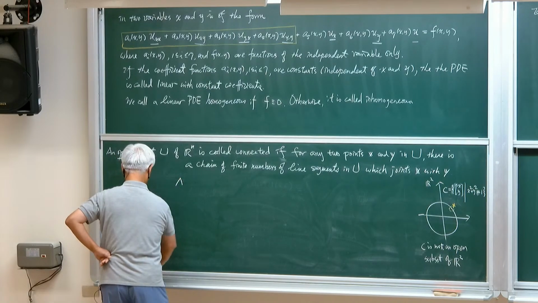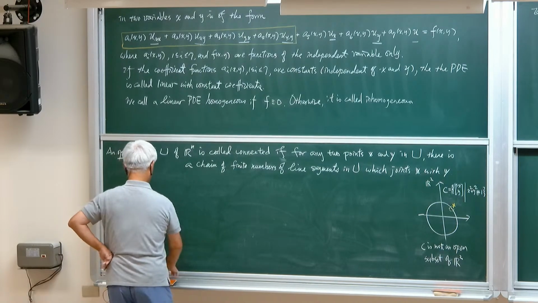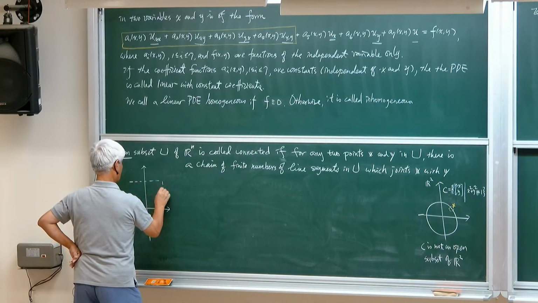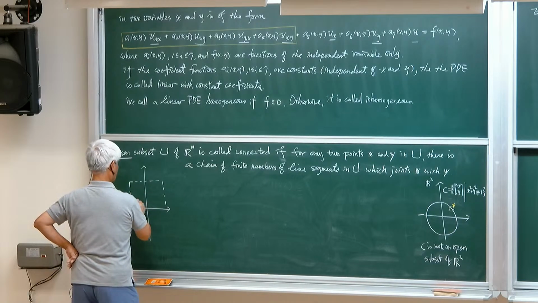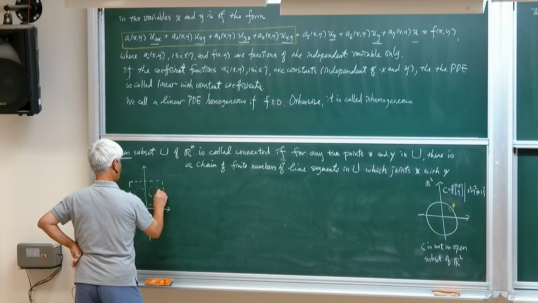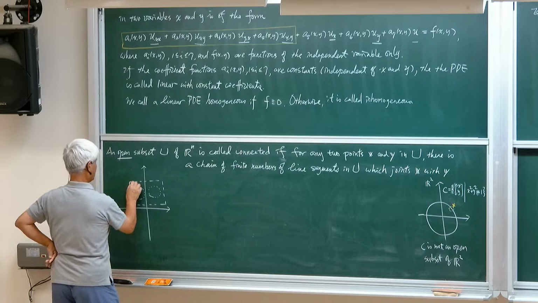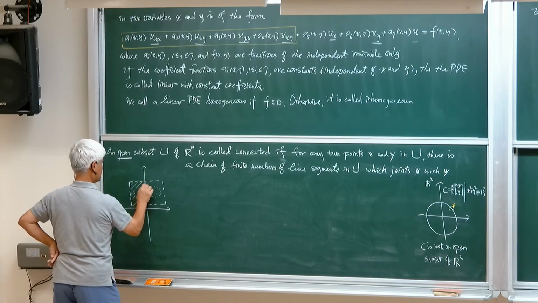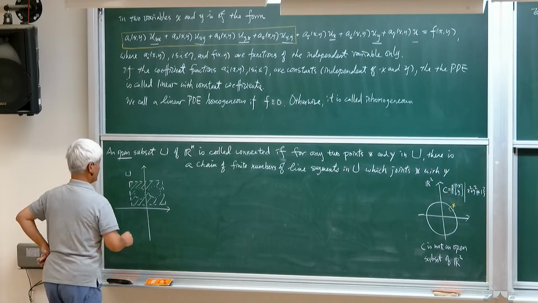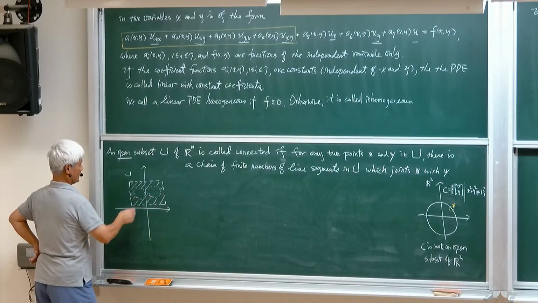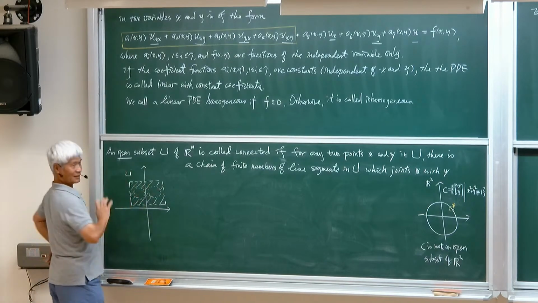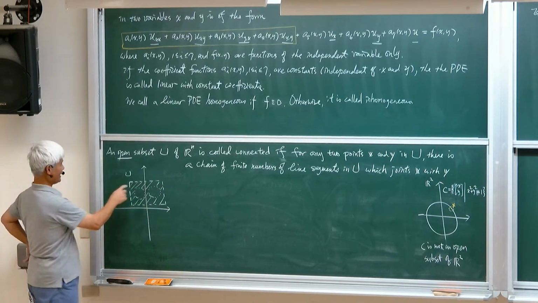So for example, you have an open rectangle and you puncture two holes inside the rectangle, and you get U here.